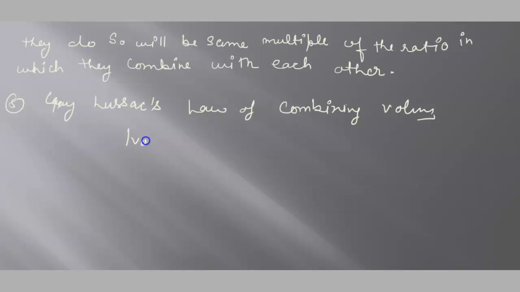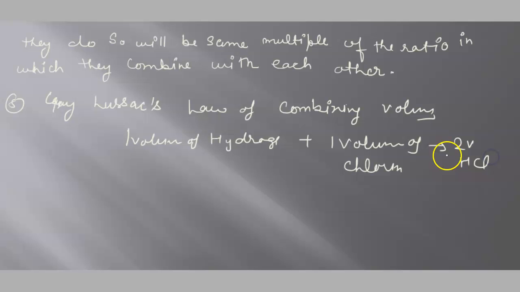According to this, one volume of hydrogen plus one volume of chlorine gives 2 volumes of hydrogen chloride. Further, 2 volumes of hydrogen plus 1 volume of oxygen gives 2 volumes of water. So under similar conditions of temperature and pressure, whenever gases react together, the volumes of the reacting gases as well as the products, if gases, bear a simple whole number ratio.